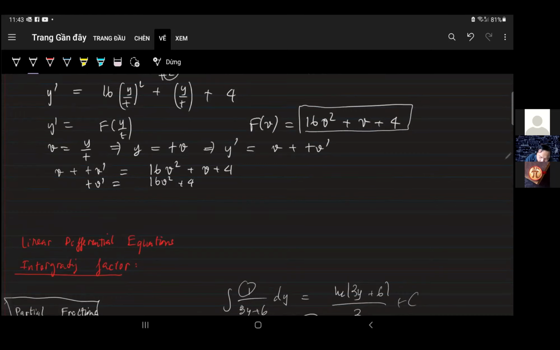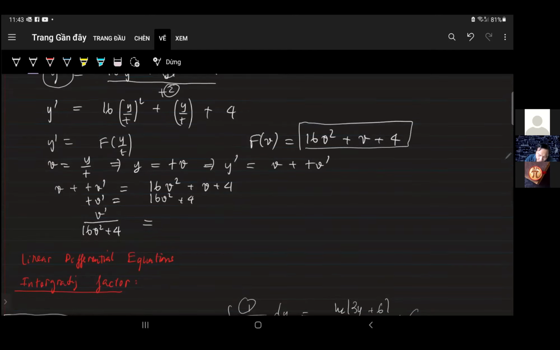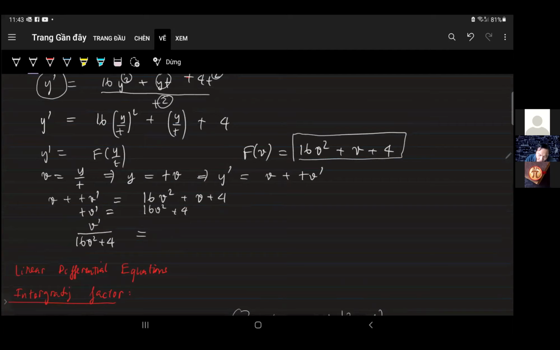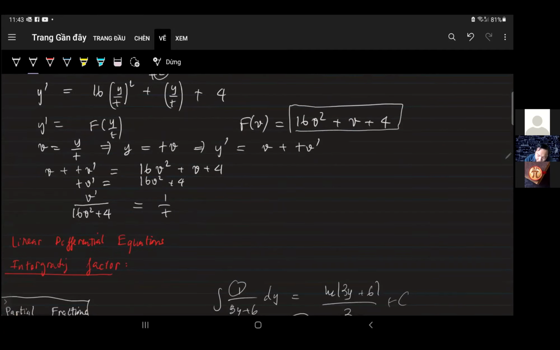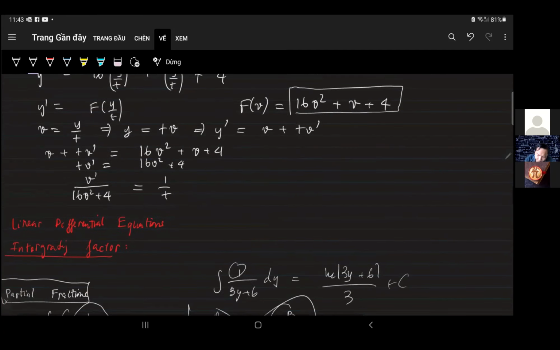I divide both sides by t, and I move the independent variable to the right and the dependent variable to the left. So I have v prime over 16v squared plus 4 equal to 1 over t. Then you just take the integral of both sides.